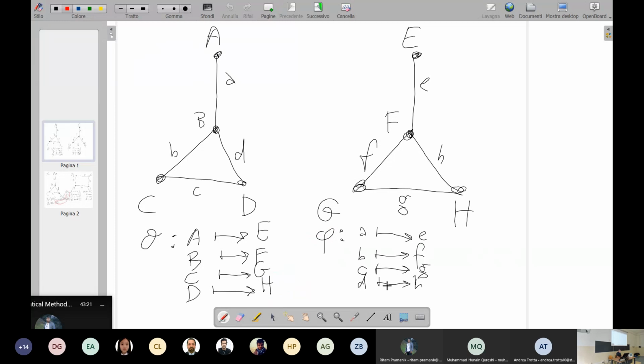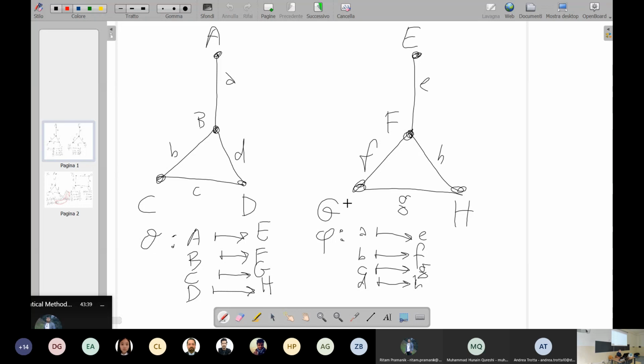Where I have given a good isomorphism, you can check that. So I'll do it very quickly without writing. Small a, its ends, capital A, capital B. Phi of small a, small e, what are its ends?